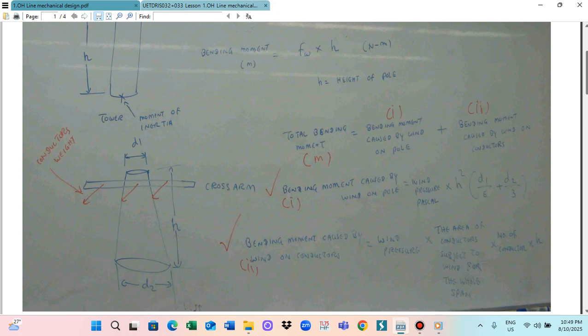The equation will be wind pressure multiply the area of conductor subject to wind, the area of conductor subject to wind for the whole span.